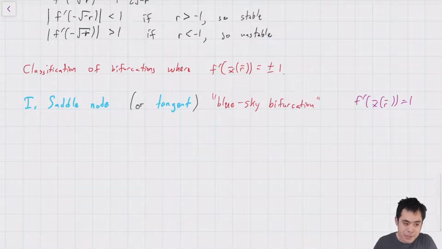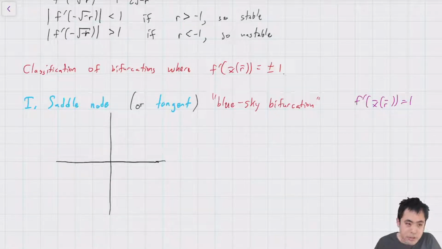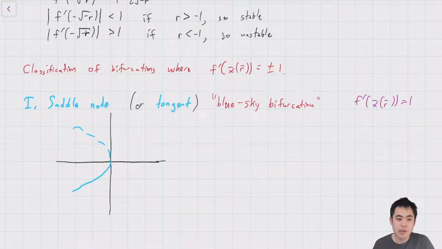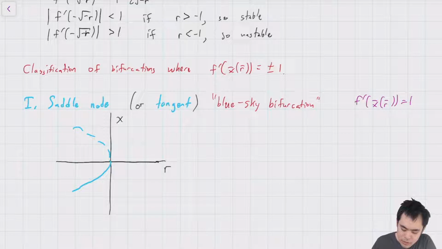And so these all have this characteristic shape, though you can go from the right to the left or left to the right, it doesn't really make a difference. So these are things that look like that. You have two different equilibria, one of them stable and the other unstable. You can swap the order of them, but a saddle node is a pair of equilibria, one unstable and one stable.